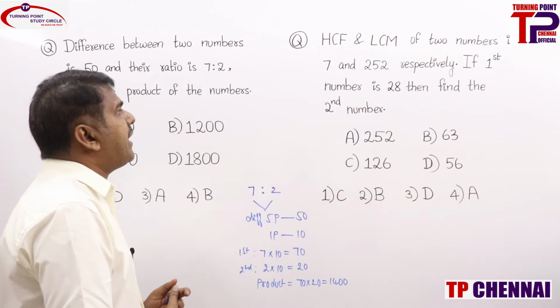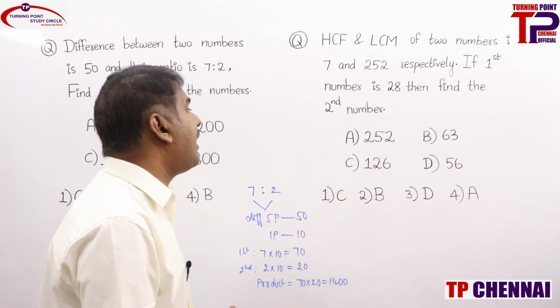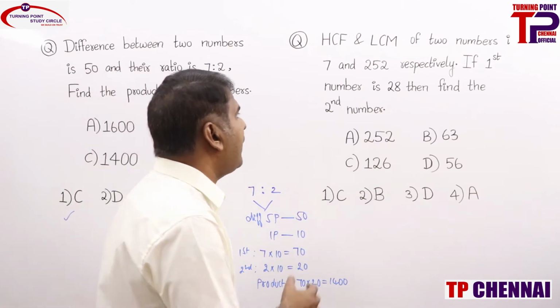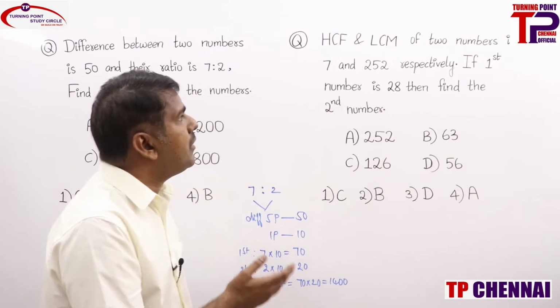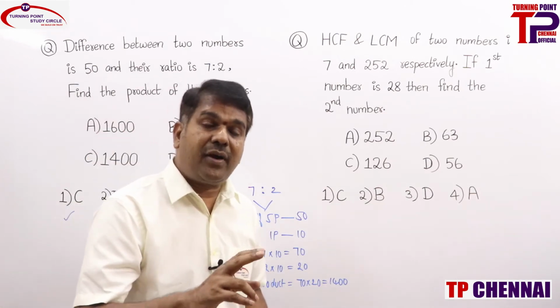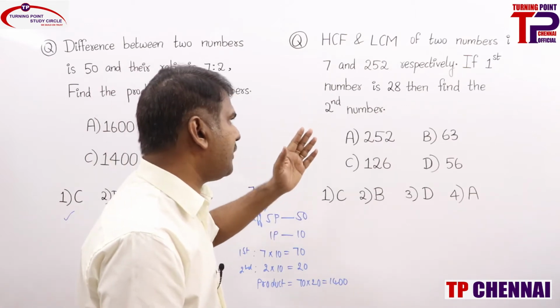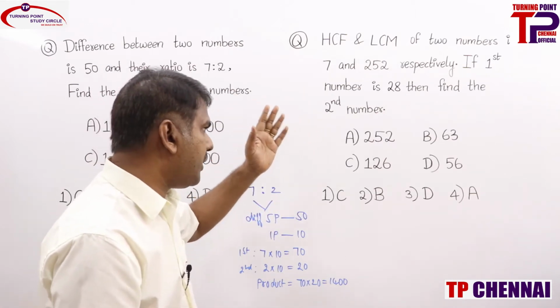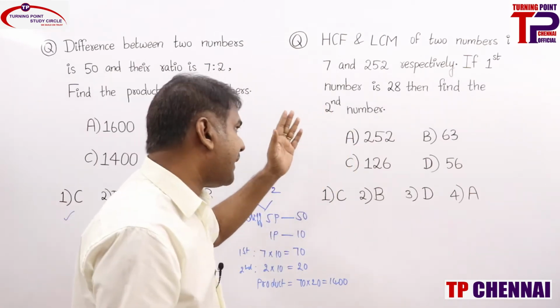See that next one. HCF and LCM of two numbers is 7 and 252 respectively. If the first number is 28, then find the second number. Now what is given? HCF and LCM of two numbers are given as 7 and 252 respectively. The first number is 28, one of the numbers being given, and they are asking about the second number.